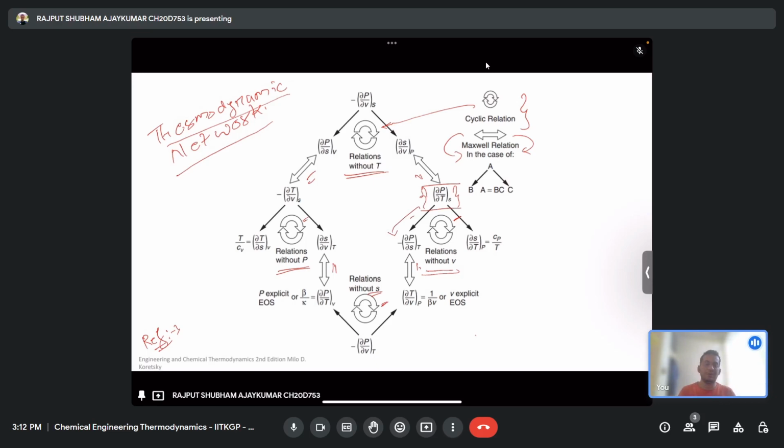So this is called the Maxwell relationships, and the cyclic relationships also work with that. So just remember the basic equations: enthalpy, Gibbs free energy, Helmholtz free energy, internal energy, and entropy. These five are the basic equations. Do the partial differentiation on all these equations and you will arrive at this point. Okay, so these are some of the thermodynamic networks that were discussed during the week 2 content.